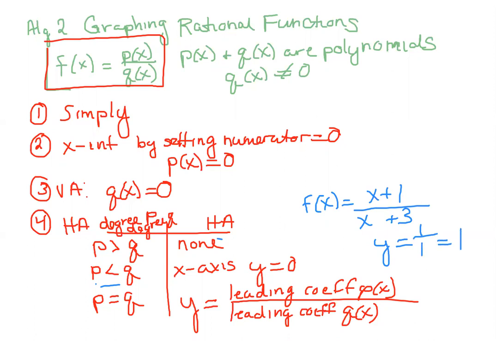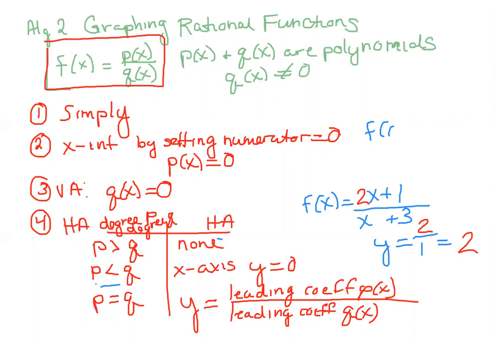That would be 1 over 1, so our horizontal asymptote would be y equals 1. If we had 2x plus 1 over x plus 3, then the leading coefficient of the numerator is 2 and the denominator's is still 1, so our horizontal asymptote would be y equals 2.